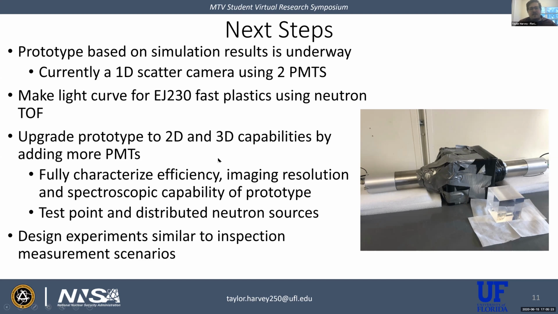The next phase is to add 2D and 3D capabilities by adding PMTs to the other sides of the detector, fully characterize its efficiency, its imaging resolution, and its spectroscopic capabilities, and test point sources and distributed sources similar to some of the simulation diagrams that I showed here. I'd also design experiments similar to those in inspection scenarios or search scenarios.